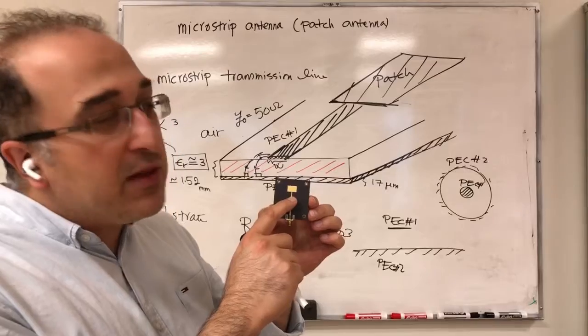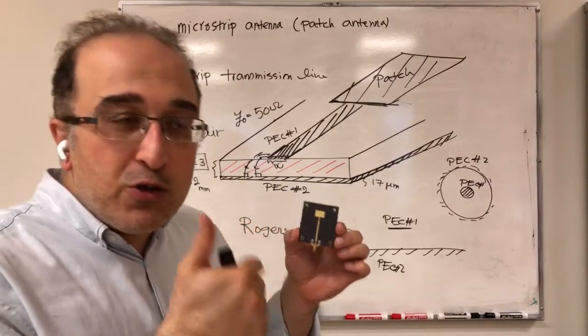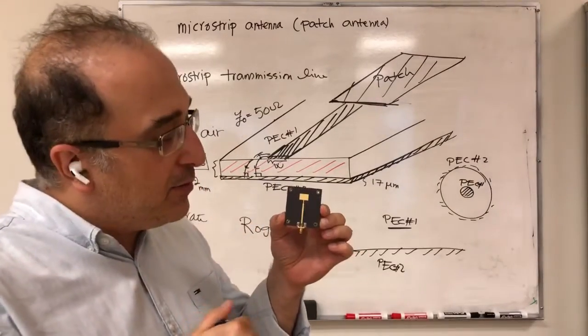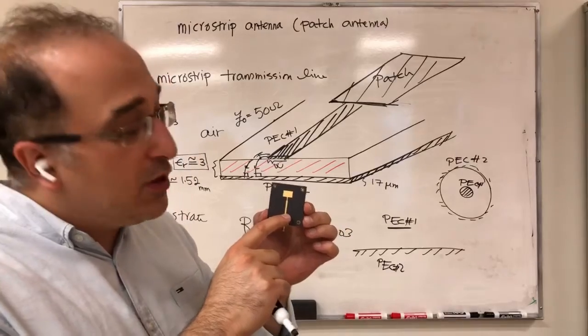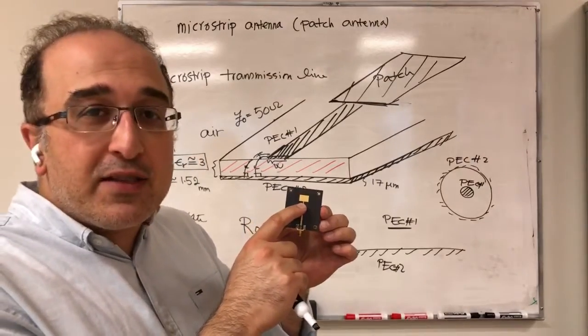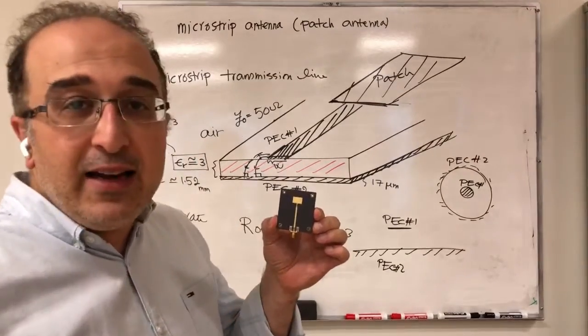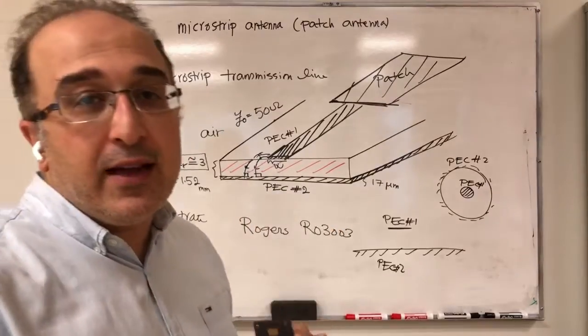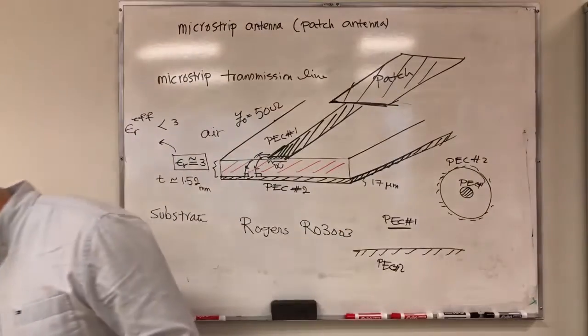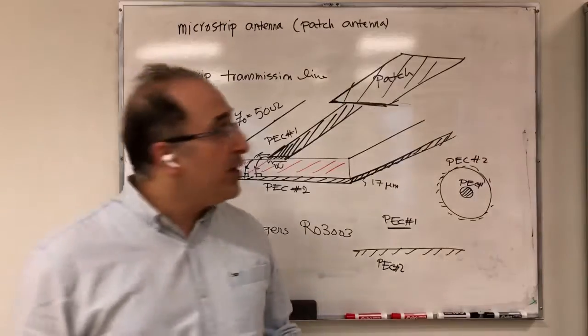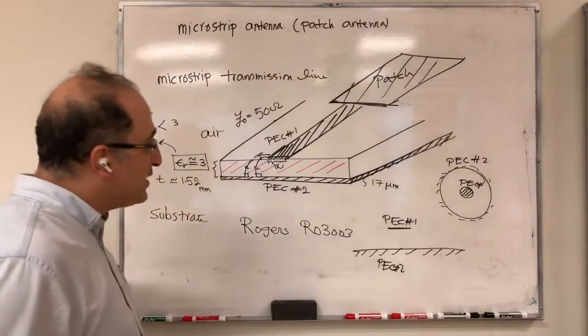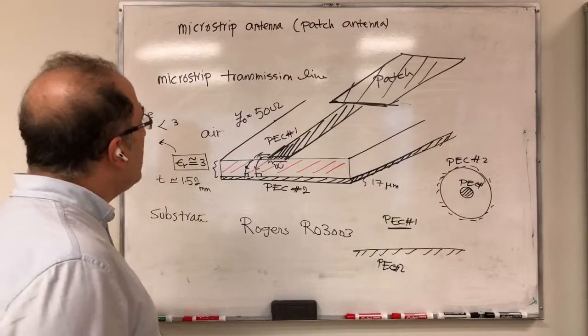The line becomes thinner, which essentially means you're going to a higher characteristic impedance. So it starts from 50 ohm and goes to a higher characteristic impedance later on, and then it goes to the actual antenna. So that's a little bit of explanation for this patch antenna.